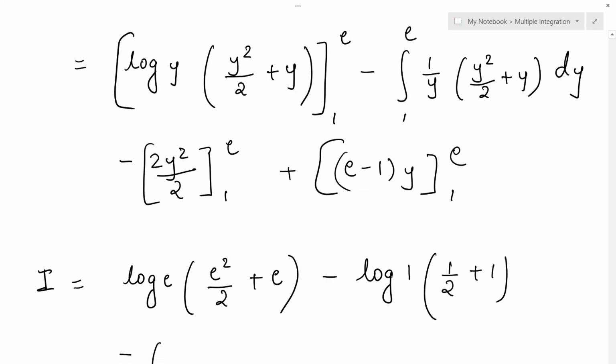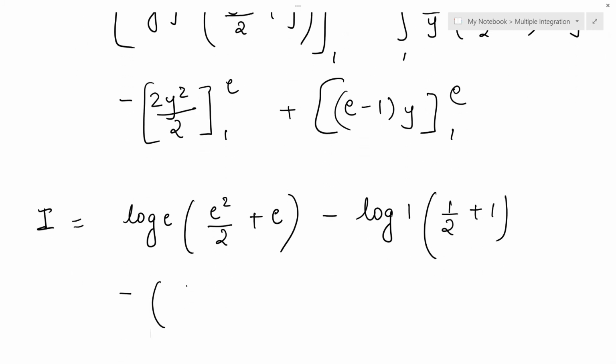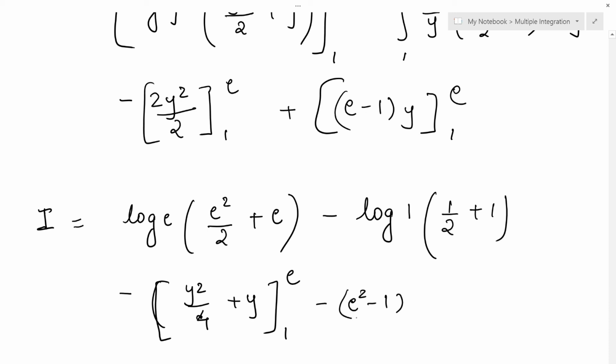First integrate this, so that will be what, y square by 2 and one more 2 is there, 4 plus y. The limits are 1 and e, right? And now these integrations, so that will be e square minus 1 plus e minus 1 into e minus 1.